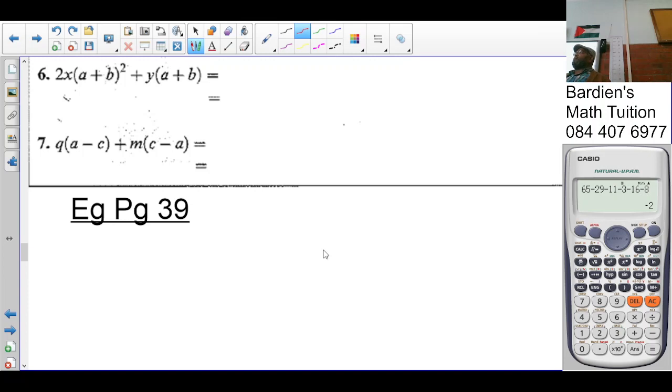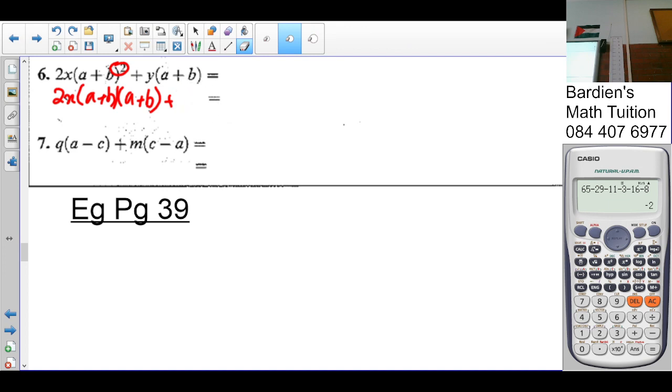It's only the a plus b that is common. Can you see that, people? Remembering that there is 2x into a plus b times a plus b plus y into a plus b. Can you see that?